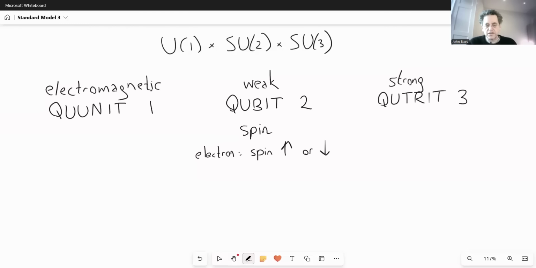Now, that's only indirectly connected to the weak nuclear force, but when Heisenberg began very early work on the weak nuclear force, he made an analogy between the spin of an electron being either up or down and another binary alternative, which was what was concerning him. Namely, he noticed that protons and neutrons were very similar to each other.